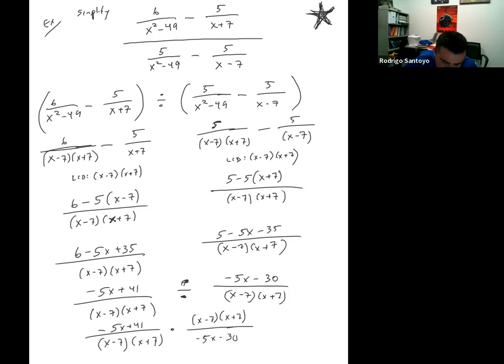And I clearly see your cancellation there. All of that on the top, that on the bottom cancel out, leaving us with the negative 5x plus 41 over negative 5x minus 30.